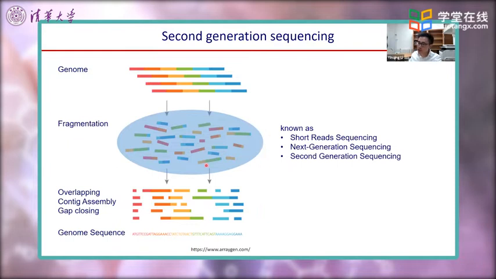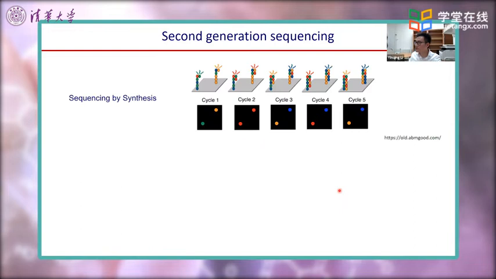The technology to sequence the fragmented DNA pieces is known as short-read sequencing or next-generation sequencing. Sometimes it is also called second-generation sequencing. The way it works is via a chemistry called sequencing by synthesis. Basically, we have each fragment immobilized on a solid surface, and then a single nucleotide is added to the solution.